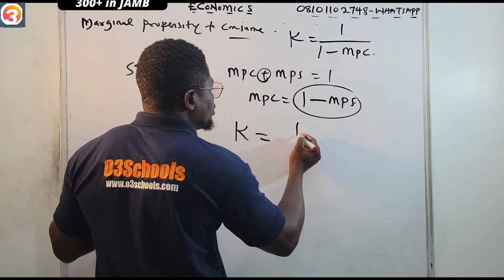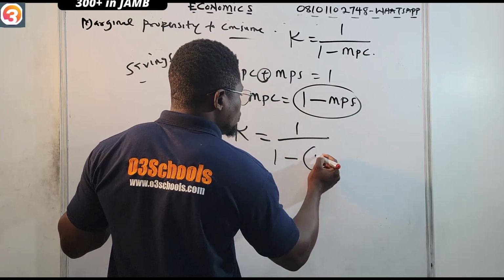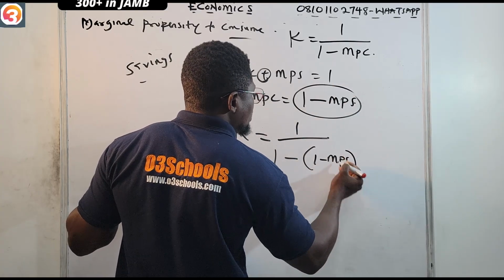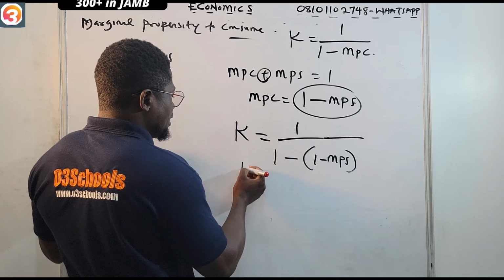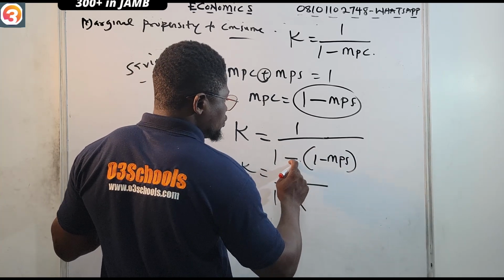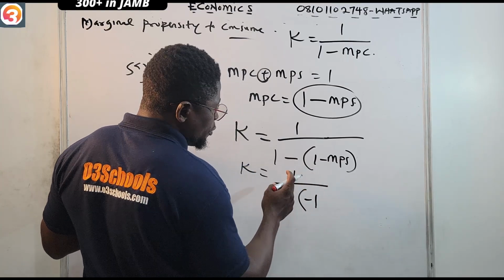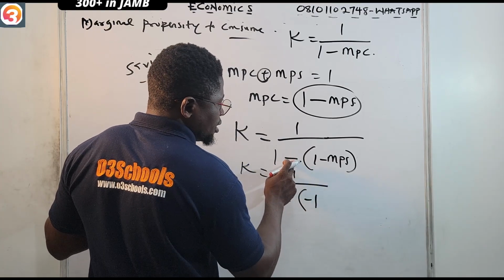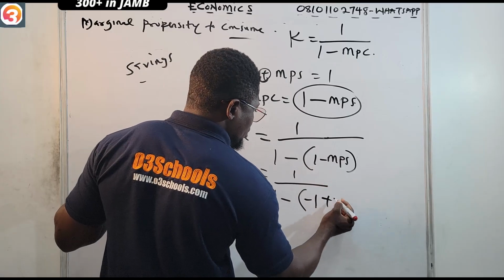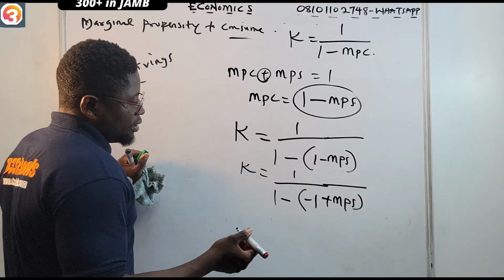So K equals 1 over 1 minus, and MPC is 1 minus MPS. So we can open the bracket. K equals 1 over 1, minus times 1 is minus 1. Minus times minus is plus, then I have plus MPS.